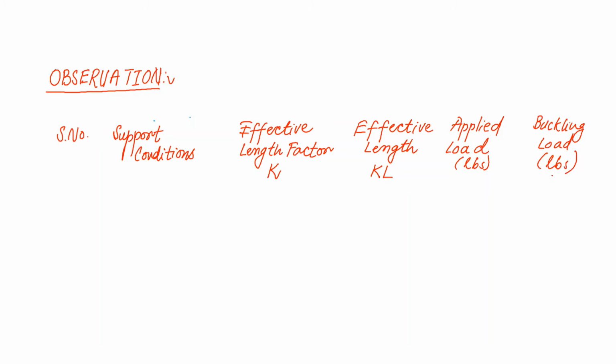You have to calculate the buckling load from the formula I have already told you for the strut apparatus: P equals pi squared E I divided by (KL) squared.